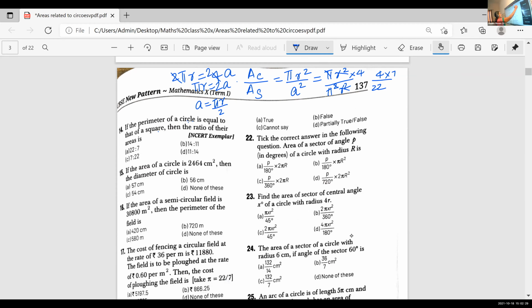If you cancel, this is 2, this is 11. So what is the ratio? It is 14:11. Okay, option is 14:11.